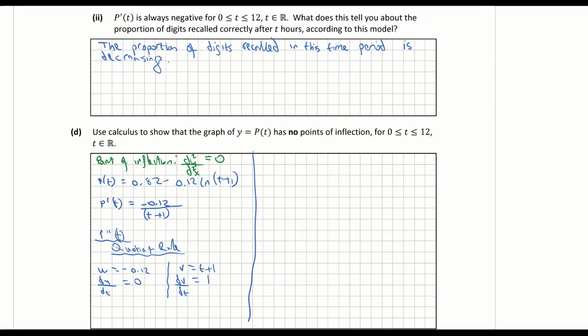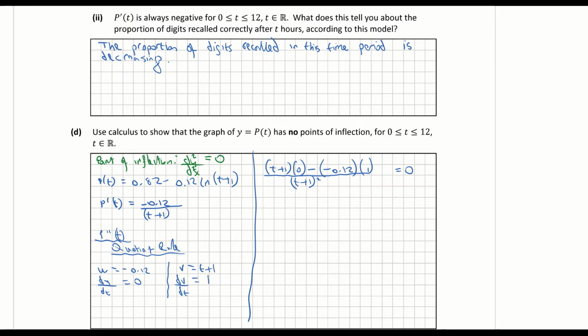Subbing them into my quotient rule, I'm getting v, which is t plus 1, times du, which is 0, minus u, which is minus 0.12, times dv, which is 1, all over v squared, which is t plus 1 all squared. Again, that's the quotient rule from my log tables.